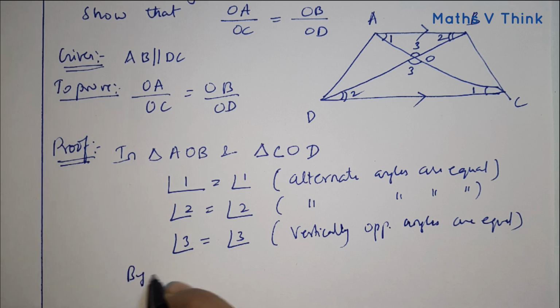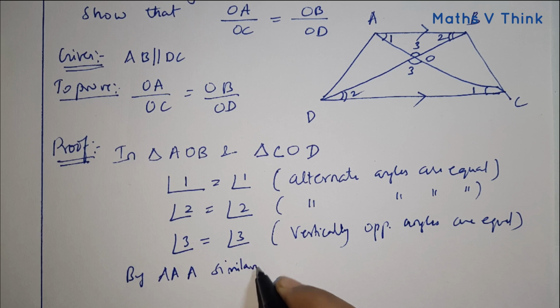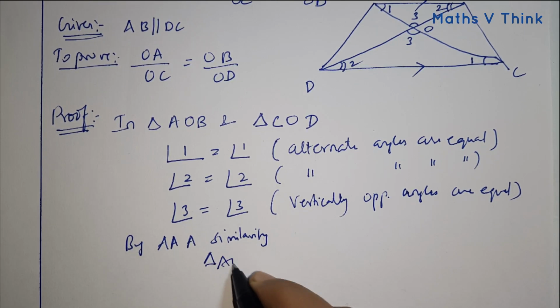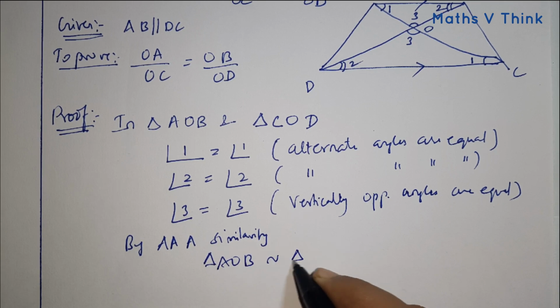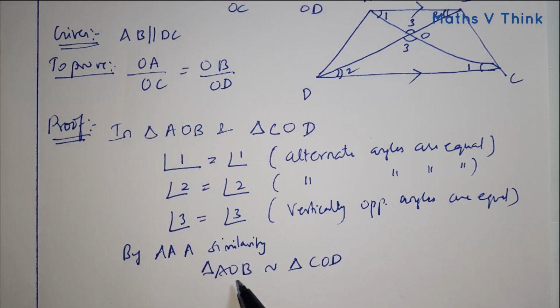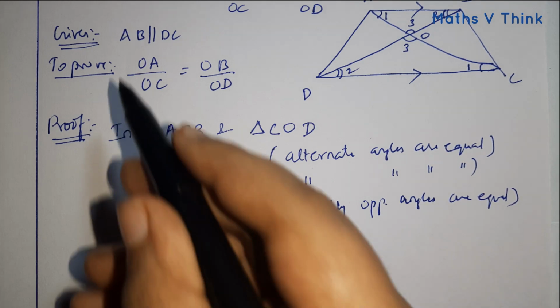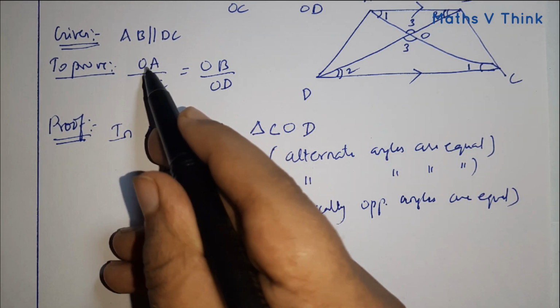So by angle similarity, I can tell triangle AOB is similar to triangle COD. Now, when two triangles are similar, I can tell their corresponding sides will also be in the same proportion. So, take the two proof OA by OC.